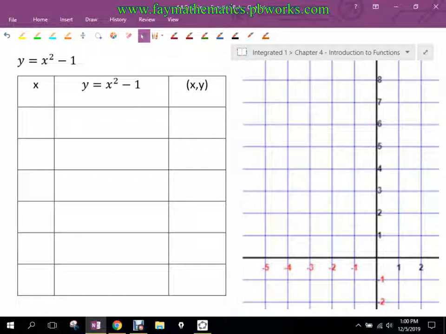Choose on both sides of the x-axis because it's going to give you a good idea of what that complete graph looks like. This class, Algebra 1, is mainly concerned with things that are linear, understanding lines and all the different things we can do with them. At the end of this course, we start talking about things that are like this, okay?